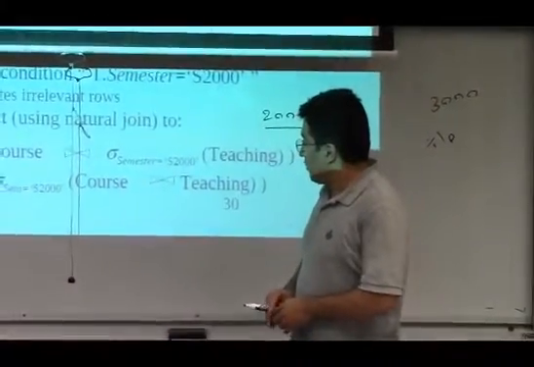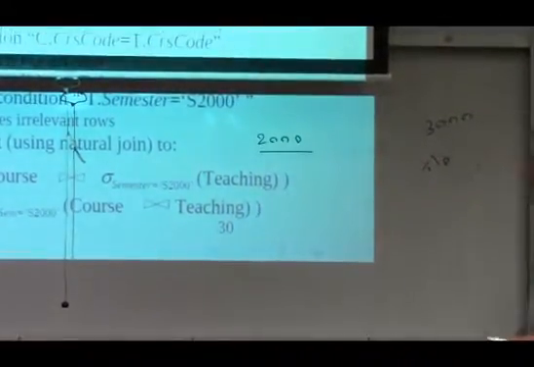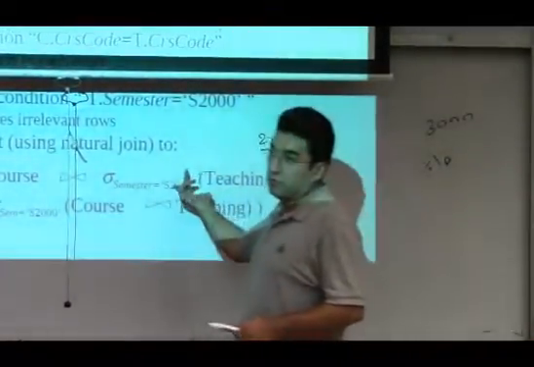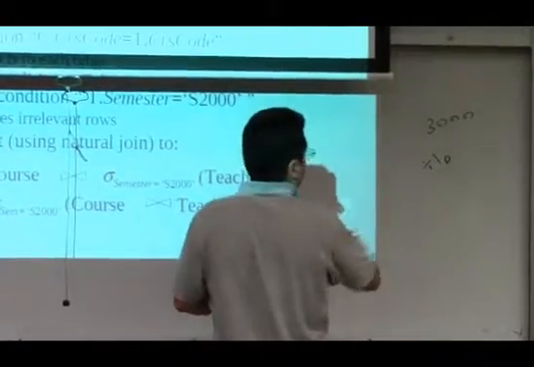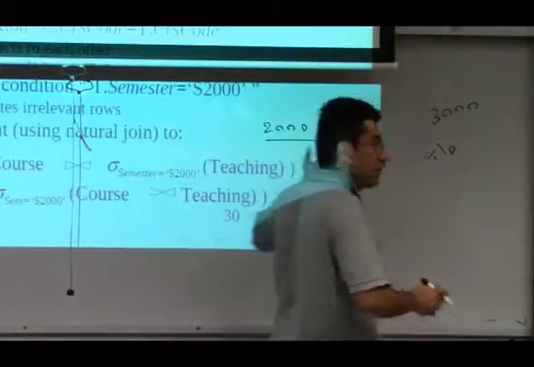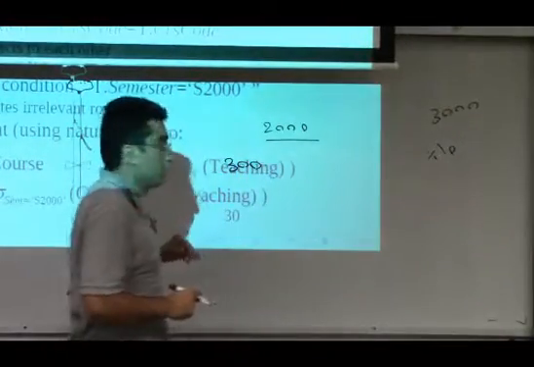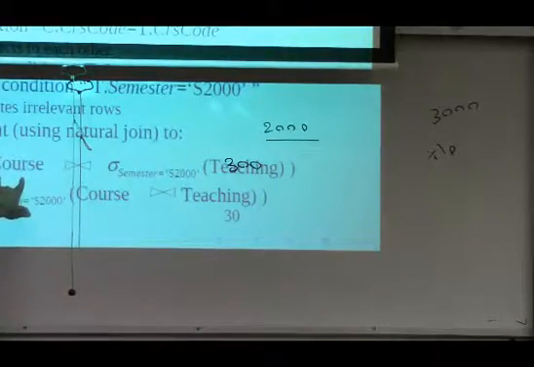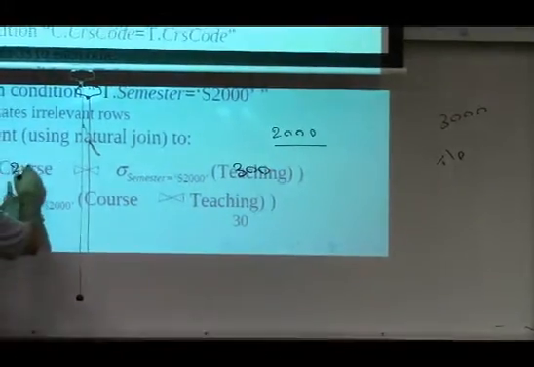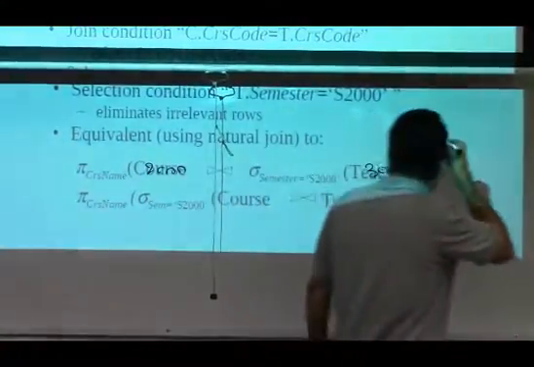If we do this select over here, how many rows will be here? 10% of 3000 is 300, right? The number of rows here is 300. How many rows over here? 2000. Okay, now let's consider this one.